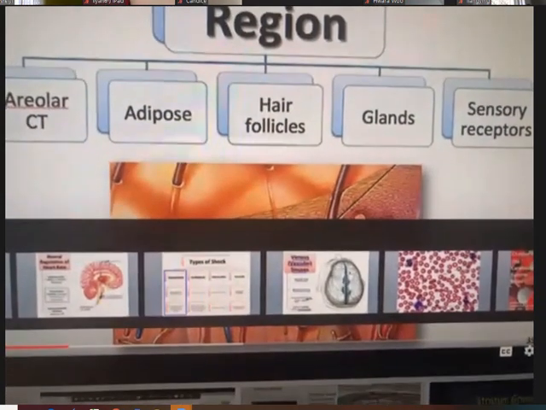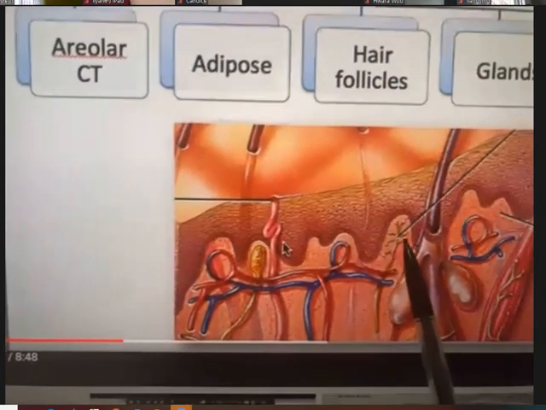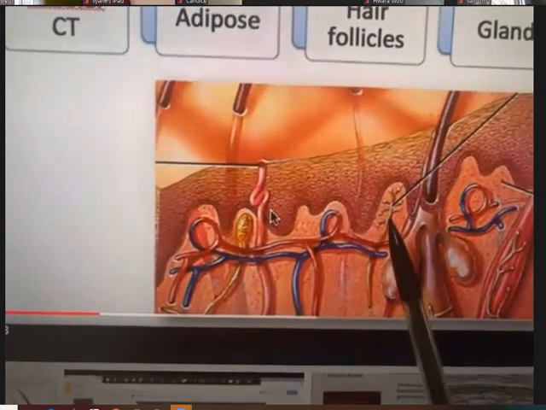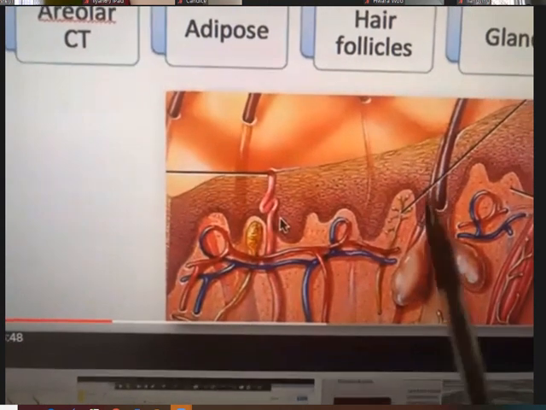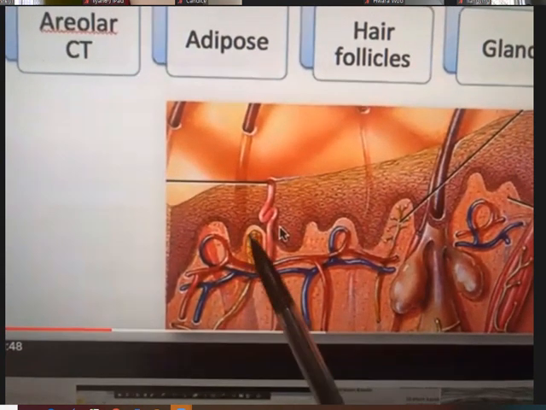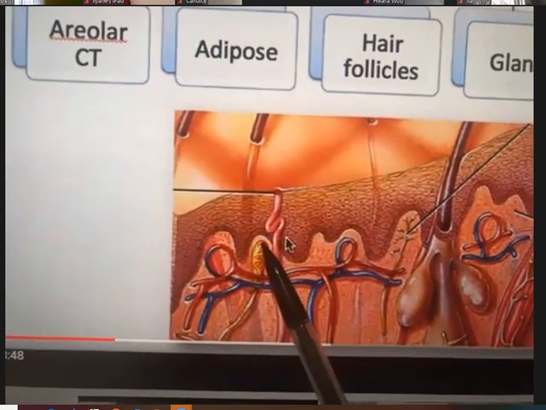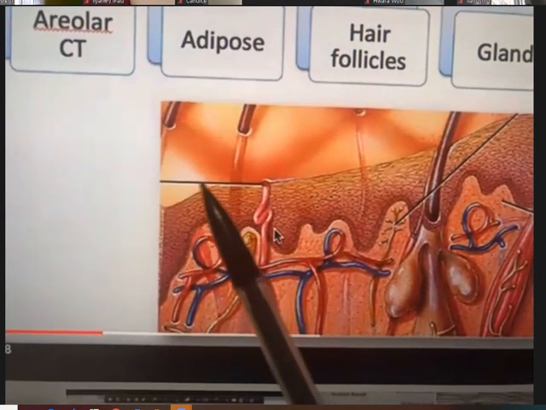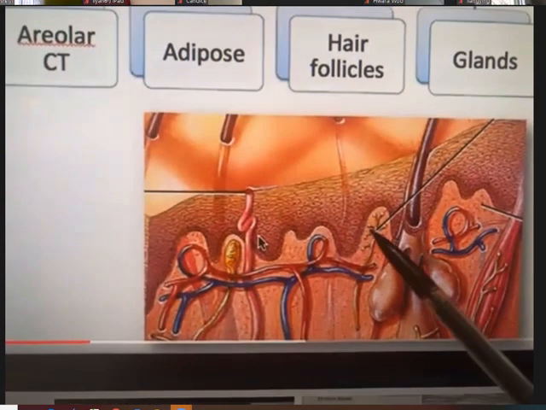Okay, so as you can see here, these are different nerve endings. The different nerve endings are for touch, for pain. So these are all different.